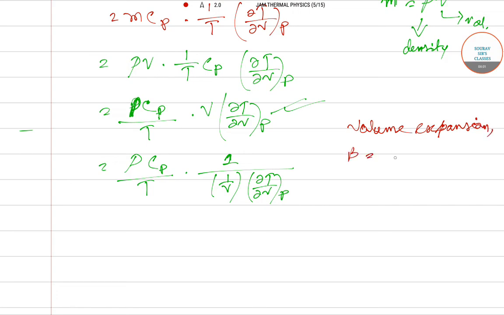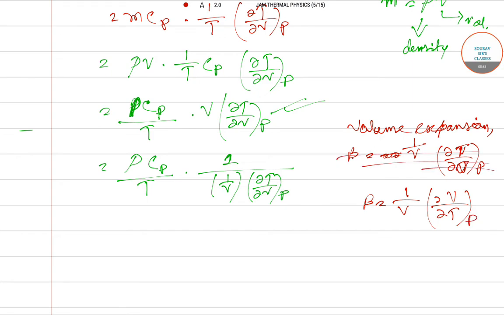Beta is equal to 1 by V into del V del T at constant P. So here this is rho Cp divided by T into, here this is 1 by V into del T del V at constant P. Here beta is 1 by V into del V del T at constant P. This is the beta, the volume expansion, not this.